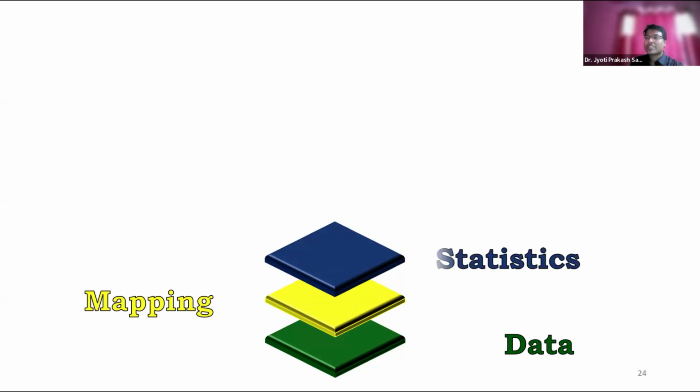Then comes the statistics part. Like the numbers in each group, we can mention them in the plot. Or the statistics, the tools for analysis, the p-values, different kinds of statistical test, we can mention them as well in the graph, in the plot. Right?